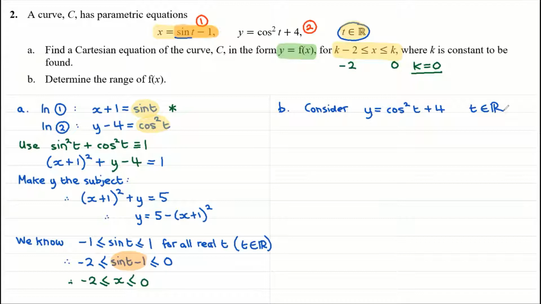Well, if we think about cosine, what do we know? So we know that cosine, exactly the same as sine, is sandwiched, trapped, if you like, between -1 and 1. Those are its minima and maxima, respectively.